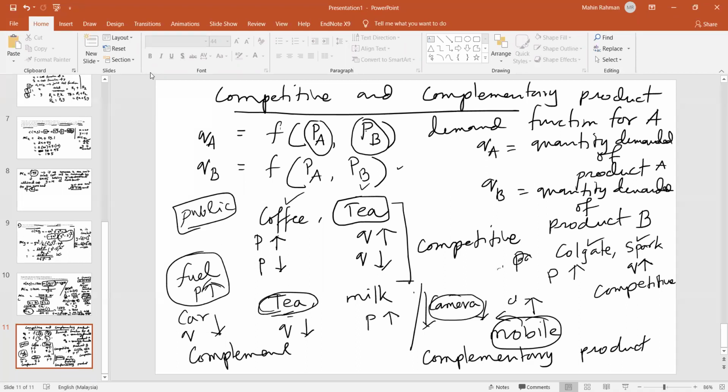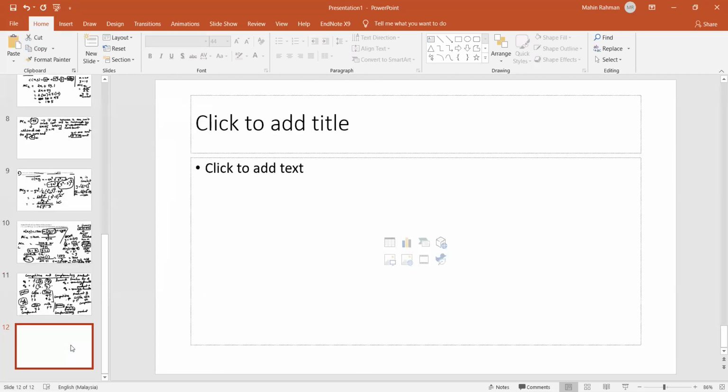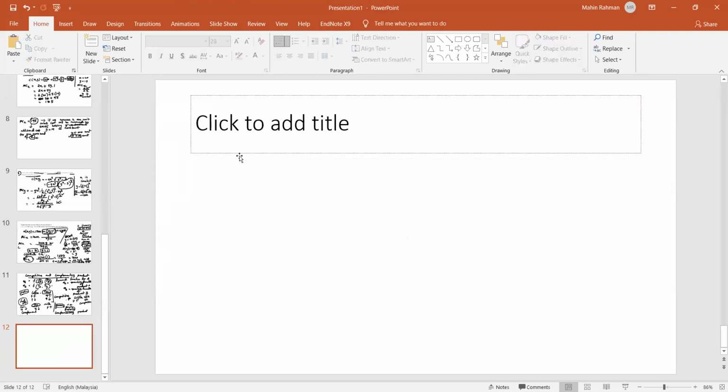Now, using the demand function for products A and B, we can determine whether the products are competitive or complementary. I will show you how we can determine.